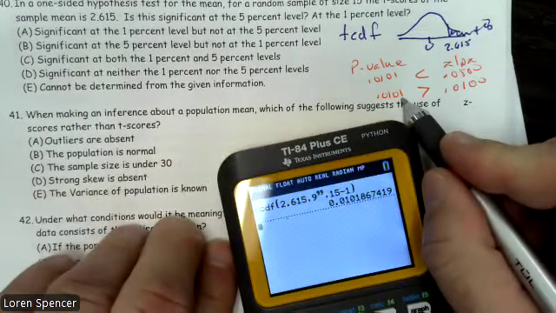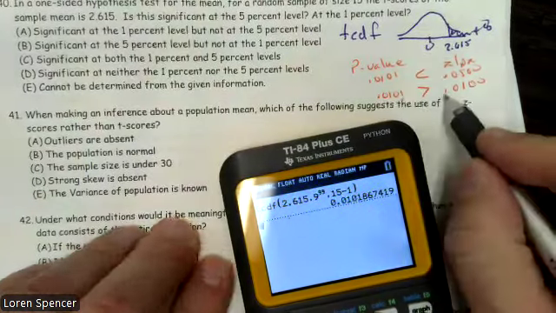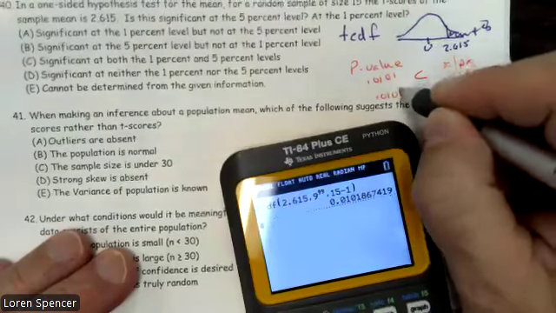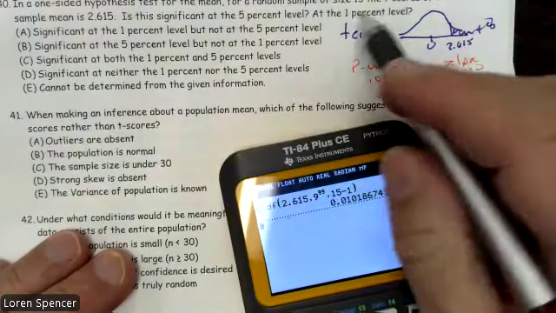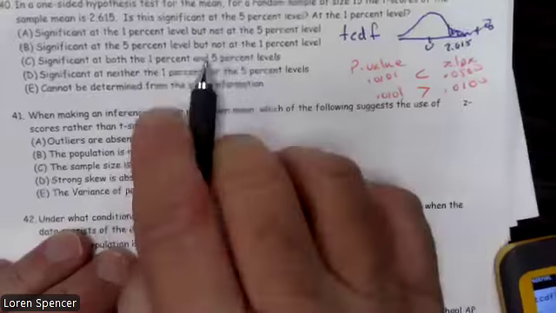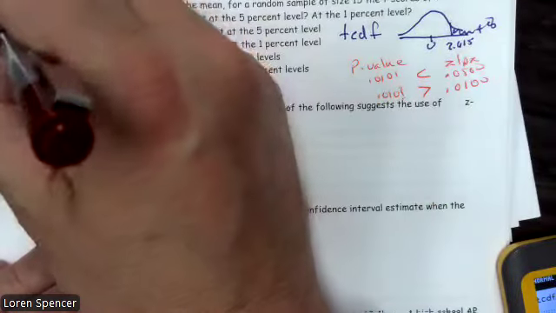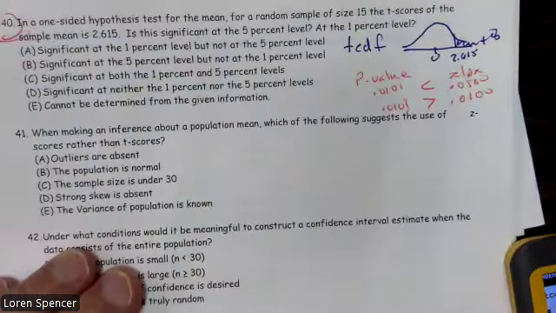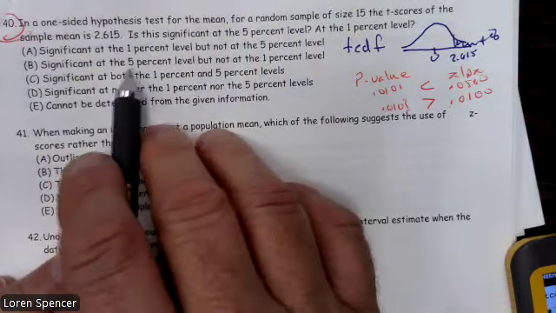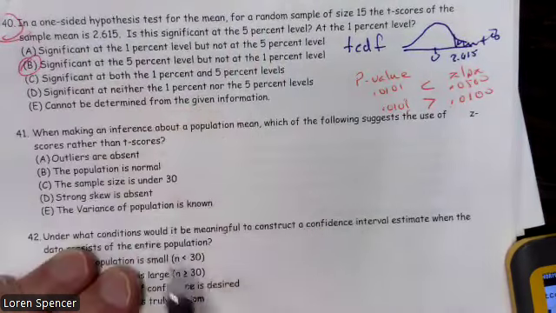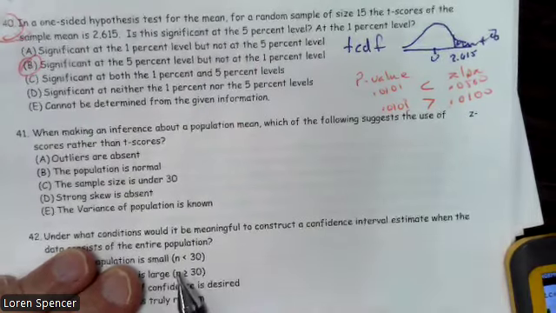Barely. It's barely bigger, but it's bigger. So not significant at the 1%, but significant at the 5%. Significant at the 5%, but not at the 1% level. So the answer choice for 40 will be B.